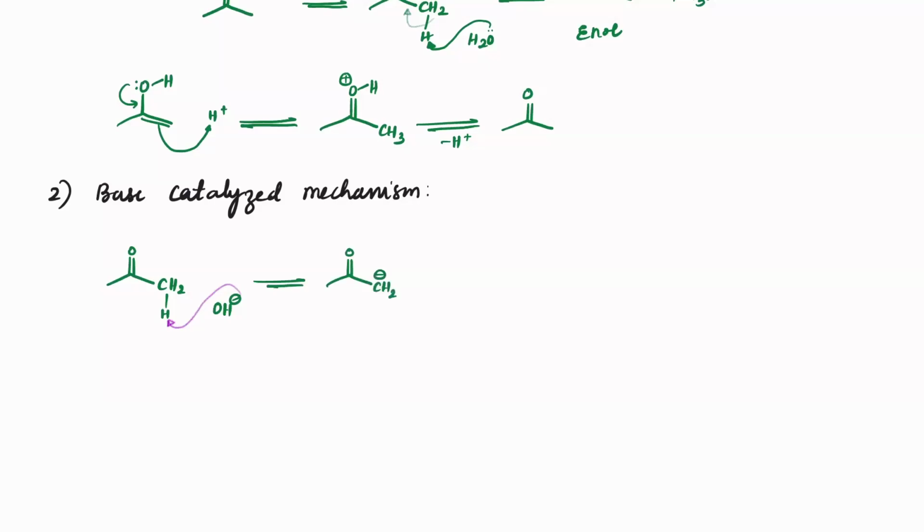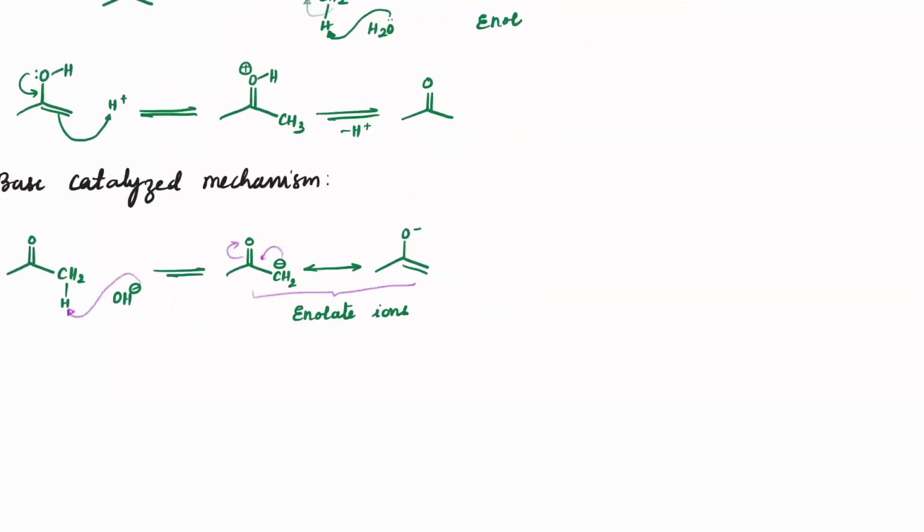That CH2 minus will push here to get O minus. This is not some new intermediate, it is just a resonating structure. So you will get O minus and double bond. These two resonating structures are called enolate ions, or enolate ion, just the ion, because it is just a resonating structure.